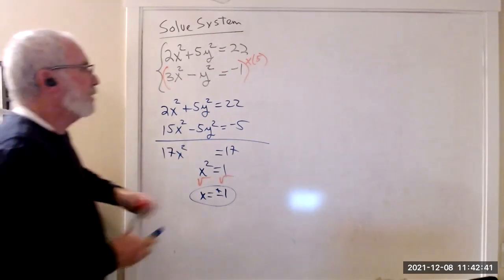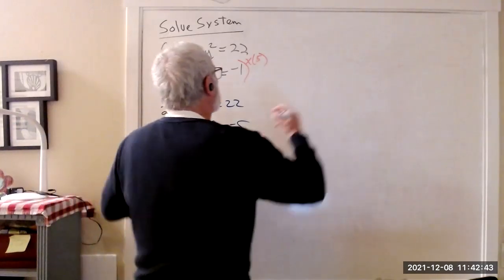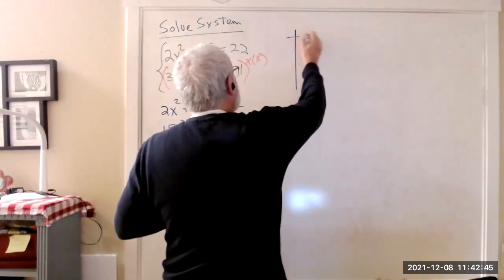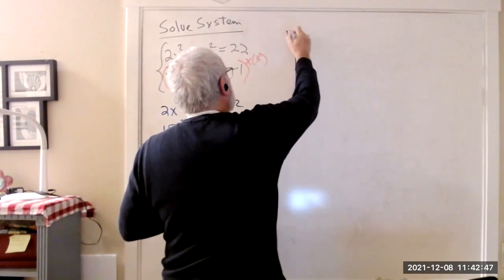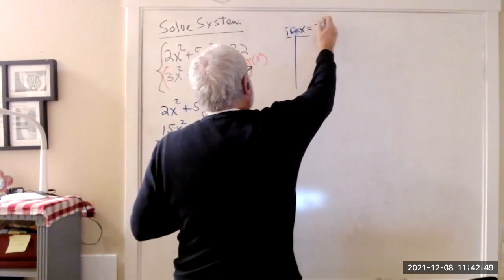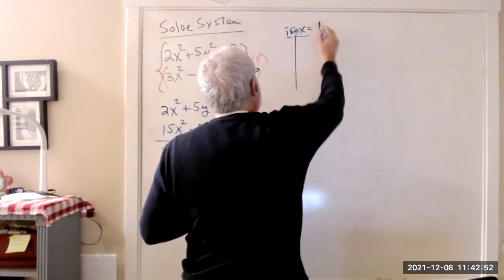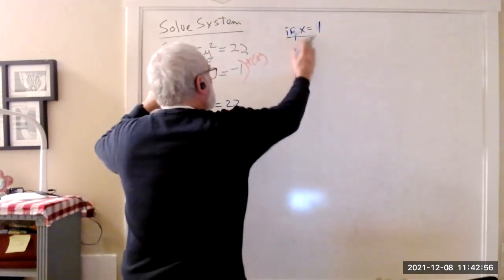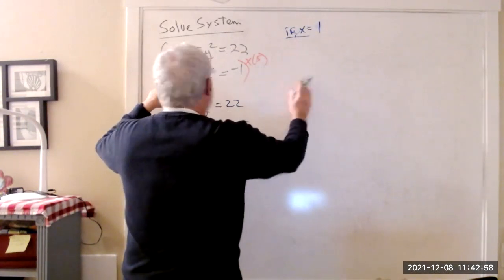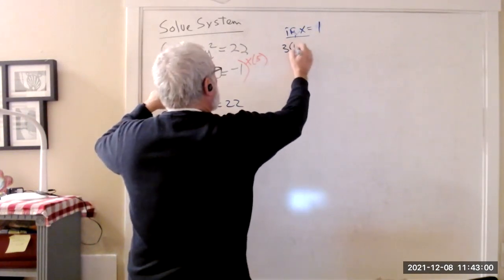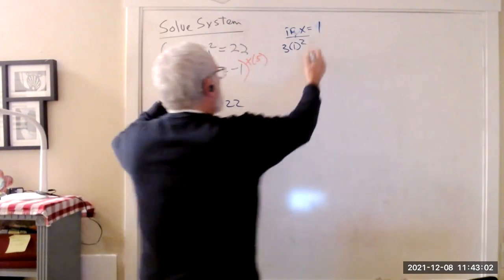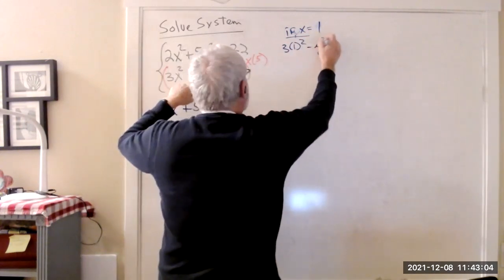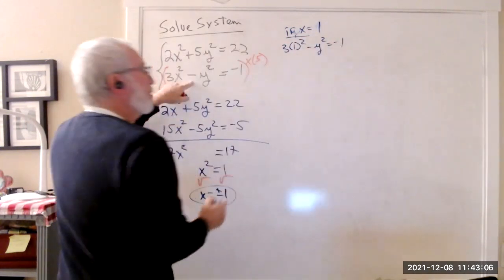Okay, so now we go with the game. This is a little bit ugly. Okay, if x is 1, so we have 3 times 1 squared minus y squared equals -1.